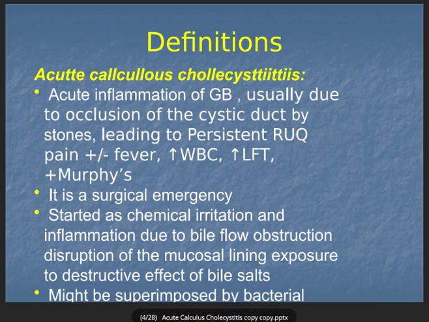A very small number, about 5%, will get a superimposed bacterial infection. And once you get the bacterial infection, it changes. It doesn't become cholecystitis anymore. It goes into the complications, and you start to form pus.